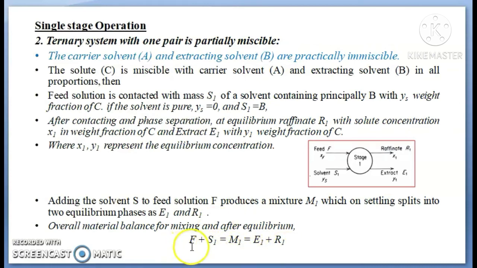The overall material balance can be written as: the feed solution is added with the solvent S1, where S1 indicates the solvent fed to stage 1. For a single stage operation, F plus S1 is equal to M1, the mixture before settling, and this is equal to E1 plus R1, the mixture after settling in the form of two different phases. The M1 mixture settles into two phases, E1 and R1.